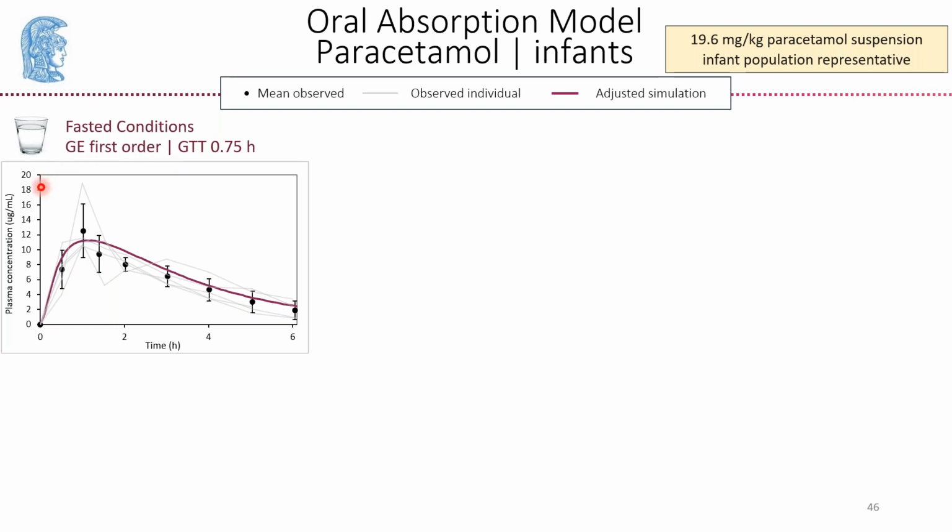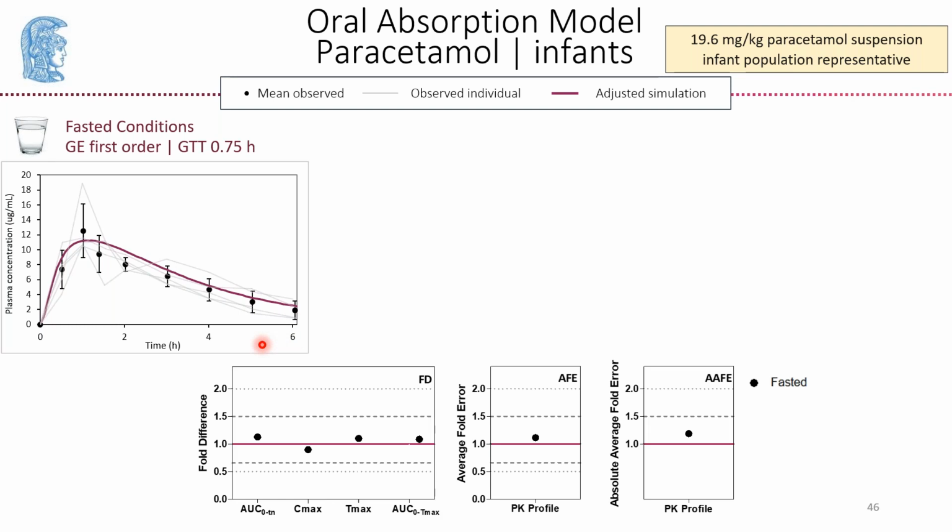And in this figure, we can see with the purple line our simulated concentrations, and with the circles and gray lines our observed clinical data in pediatrics. The simulated profile shape is in line with the observed data.